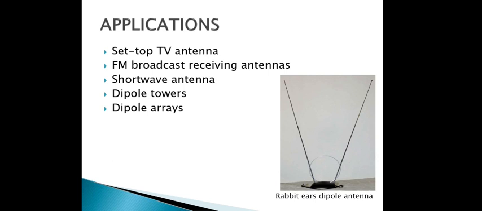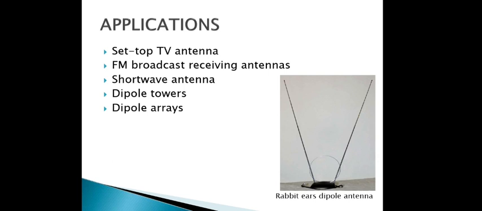Generally the half-wave dipole is used at resonant lengths, and also in radio receivers. Of course, we already discussed the set-top TV antenna. This is for television receivers, and a wide variety of applications are possible using this half-wave dipole antenna.